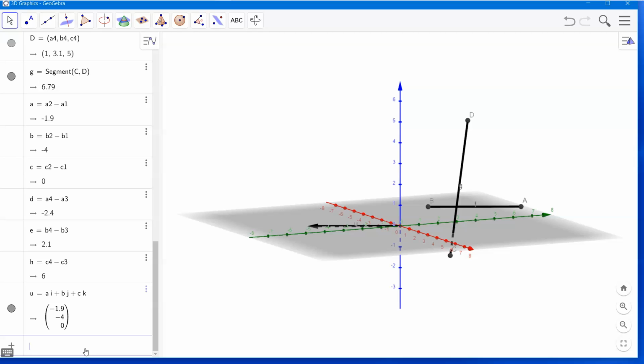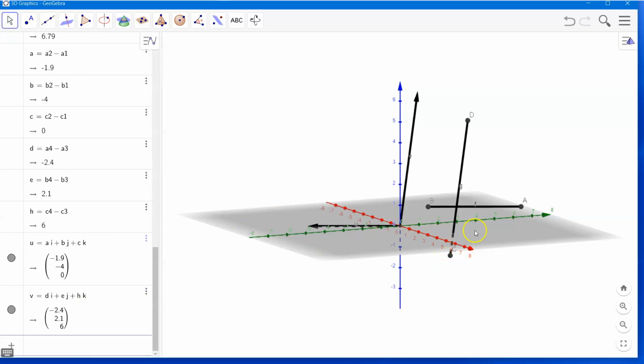Okay, so let's do the other one. That would be d, a4 minus a3 times i, plus e, b4 minus b3 times j, plus c4 minus c3, that is h times k.